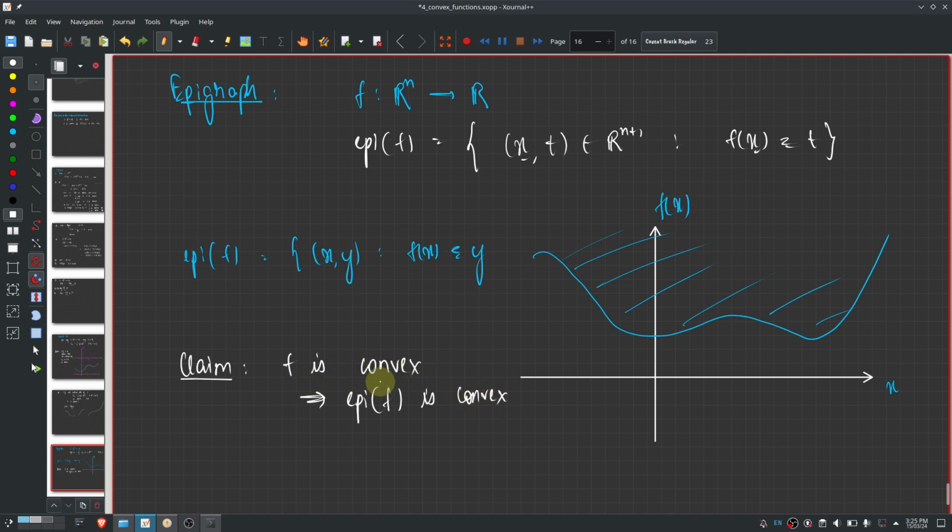So if f is a convex function, then the epigraph of f is going to be a convex set.